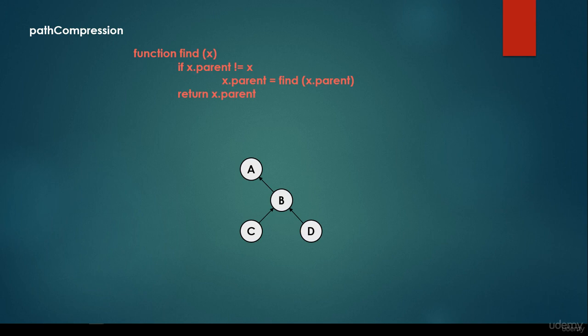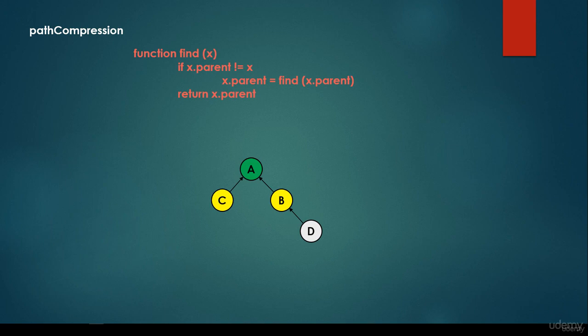Okay, so basically we have this tree-like structure, this disjoint set. As I said earlier, we can represent disjoint sets with the help of tree-like structures. And for example, I would like to find the C. Because of the path compression, I'm going to call the find method recursively on the parent of C, on the B, and I come to the conclusion that the parent of B is the representative itself. So I'm going to attach this C to be the child of the representative directly.